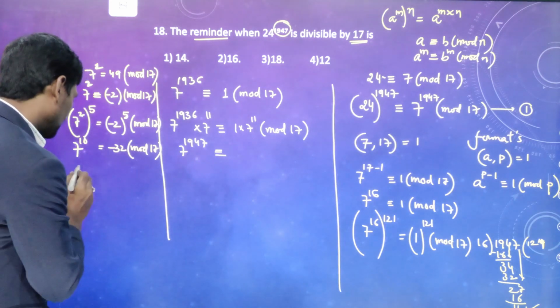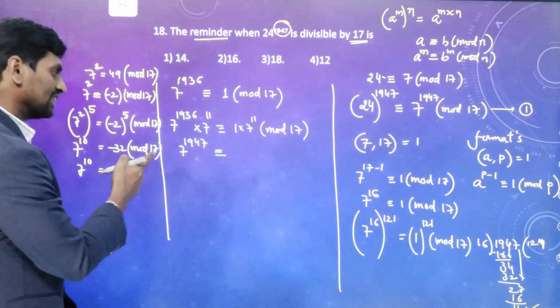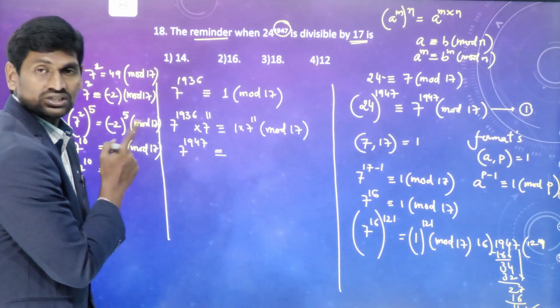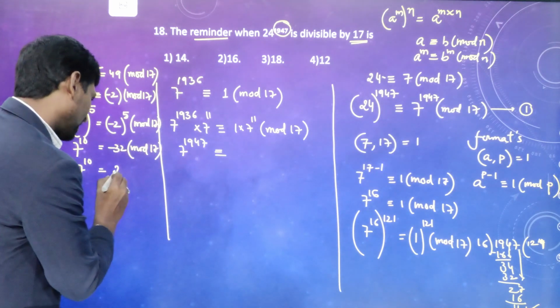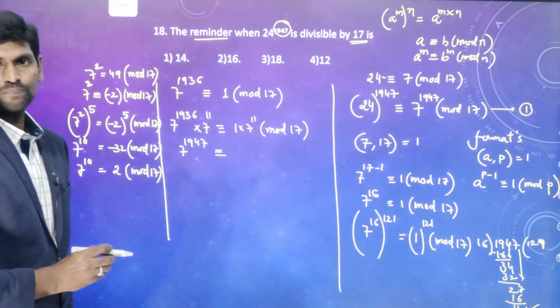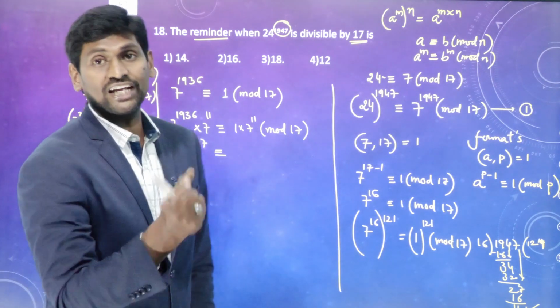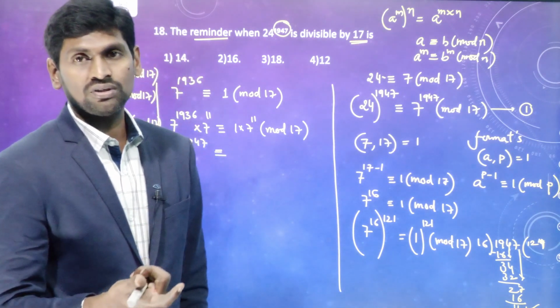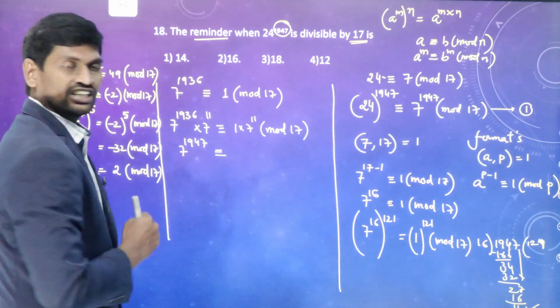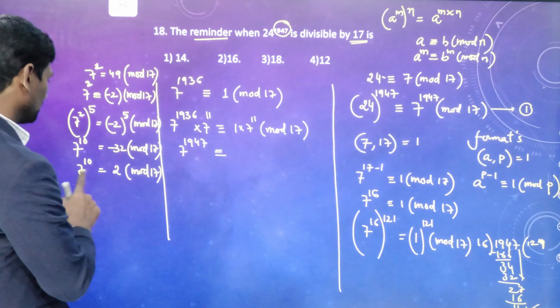Okay? But if we write minus 32 in the form of positive values, 17 1 is 17, 17 2 is 34. So we can write 2 mod 17. Like previously I have discussed, to convert a negative integer value into positive, we have to subtract from 17, right? Here 17 table you can subtract.